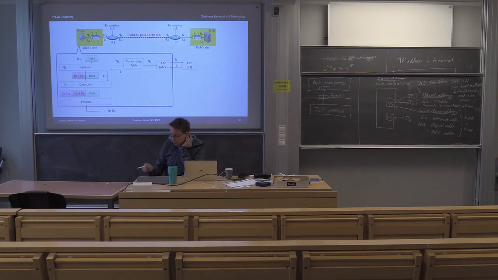Now, there's a little bit of a quirkiness here also that, okay, and then this goes like a waveform to router 1. And for some reason, the order of destination and source addresses in IP is reversed from Ethernet, right? So it's actually that here's the source and destination, here's the destination, here's the source. So it's actually not a typo in the slides here.